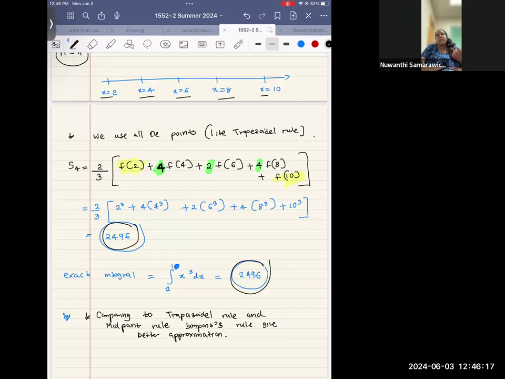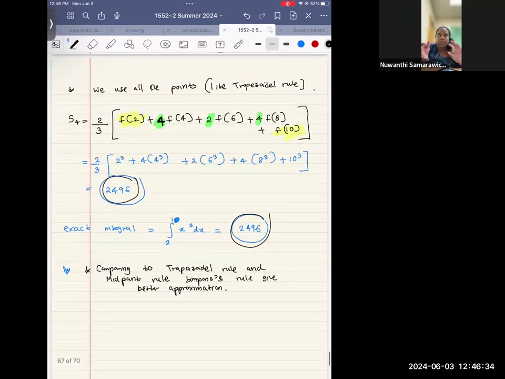And you will see in the homework questions, most of the times, your exact answer will be in between the trapezoid rule and Simpson's rule. But you can choose any method, trapezoid rule or Simpson's rule, to approximate, because both of these two give good approximation.